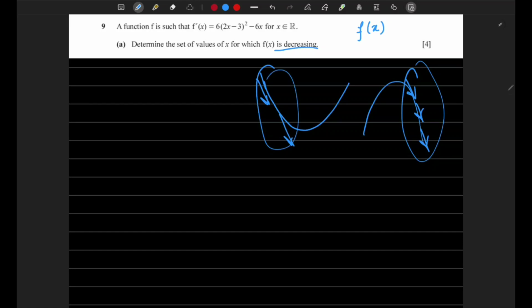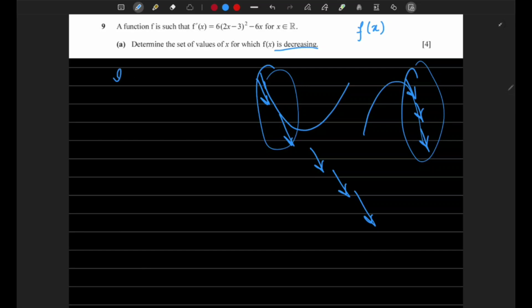And what will happen in this part? The gradient of the tangent is also going to be negative. As you imagine going down the hill, the gradient of the tangent at the point would always be negative because it is going down. So what will be the condition for the function to be decreasing?